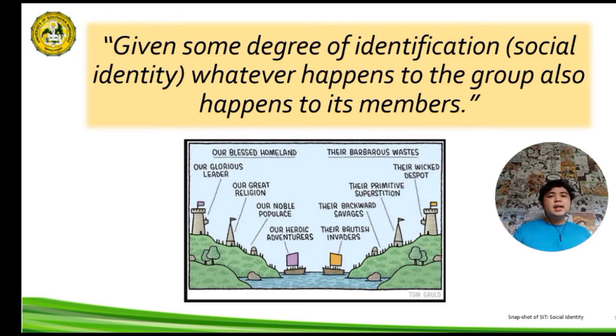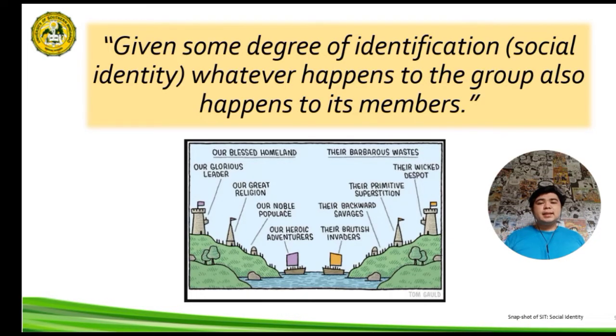Going back to the phrase, given some degree of identification or social identity, whatever happens to the group also happens to its members. Now we are going to apply this to a real life situation for you to further understand that idea. One of the groups is the Russian community, or let's say the overall Russia.